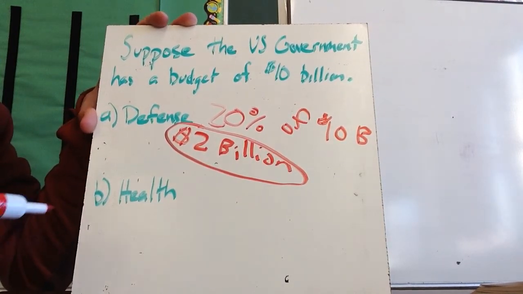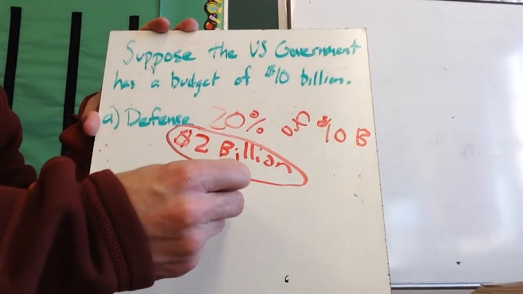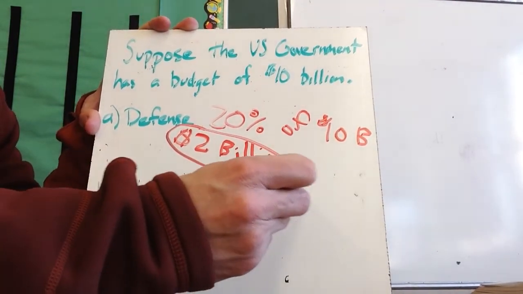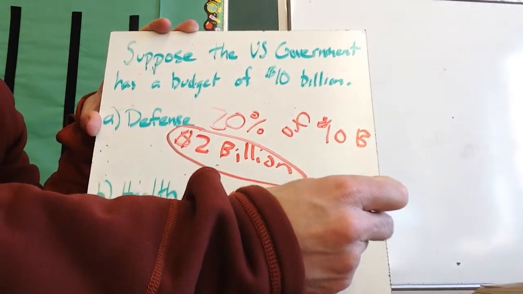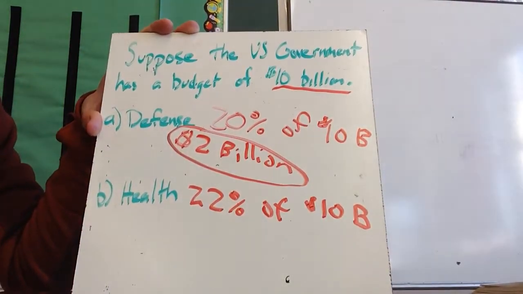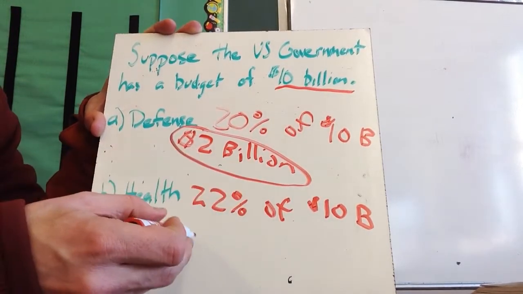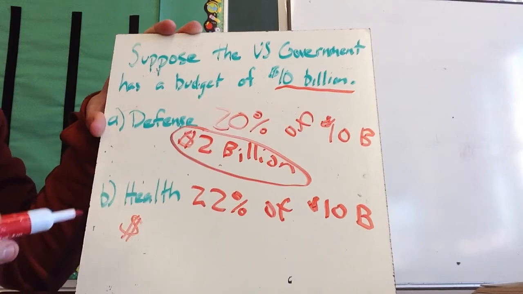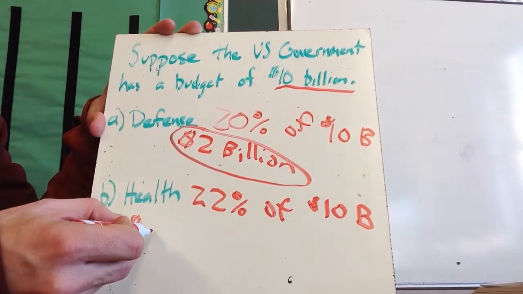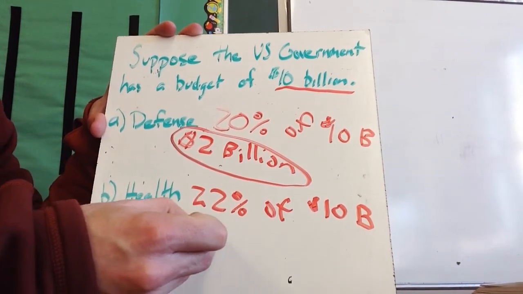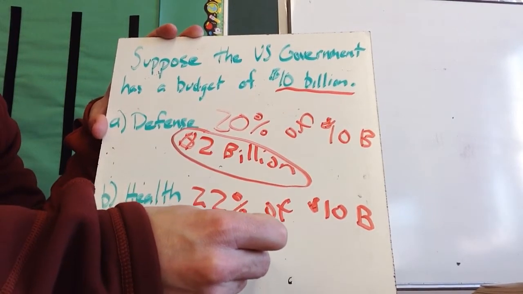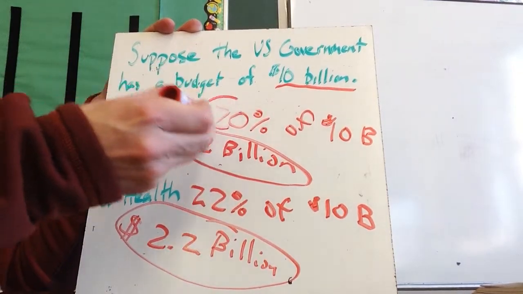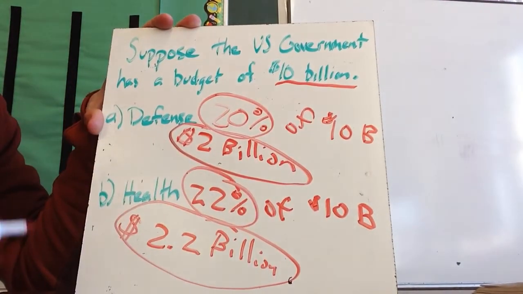The health budget took up 22%, if you remember the circle graph. So I need to find out what is 22% of 10 billion, because we've been told that the budget is 10 billion. Multiplying 0.22 times 10 billion gives me 2.2 billion. Remember, I'm getting these numbers from the circle graph.